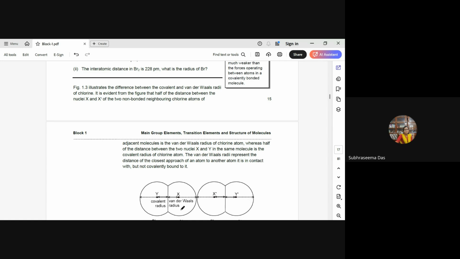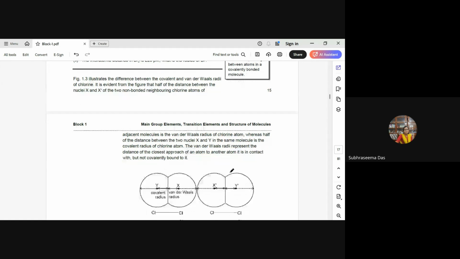Whereas if we take the distance XY and divide it by half, it gives us the value of the covalent radius. That is how we can calculate the van der Waals radius and covalent radius of a particular atom given to us.